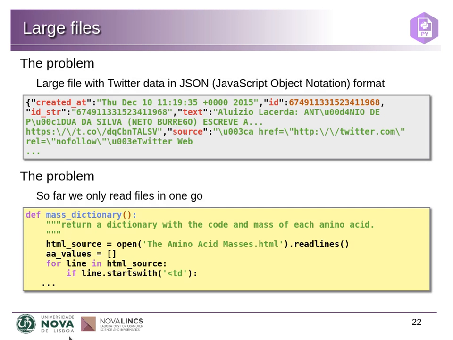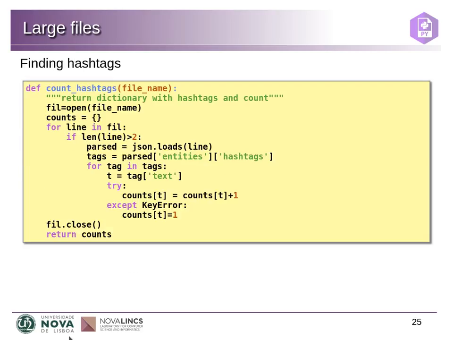So created at, ID, and so on, all these are fields in the dictionary. And now we can look at this dictionary for the entities, and inside the entities dictionary for the hashtags. And this gives us the text corresponding to the hashtag in the tweet.